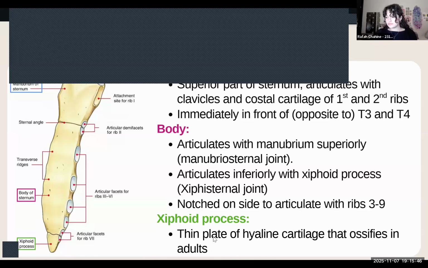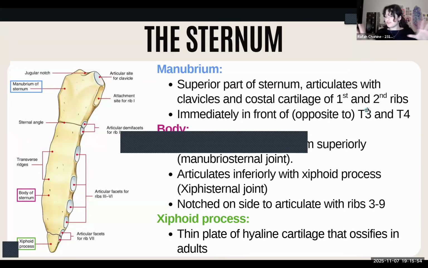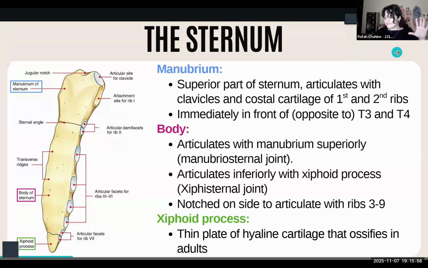All right, my bad. So can I proceed? Do I continue? Okay, awesome. It's chill, no worries. Let's continue. Is the sternum clear? Awesome. Wait, why is my... Okay.